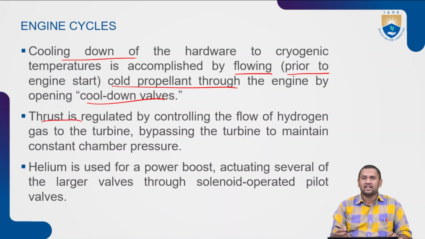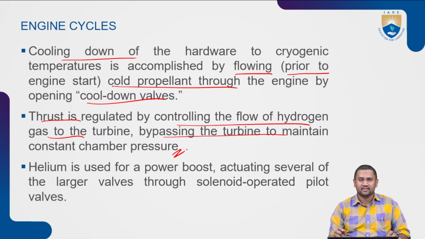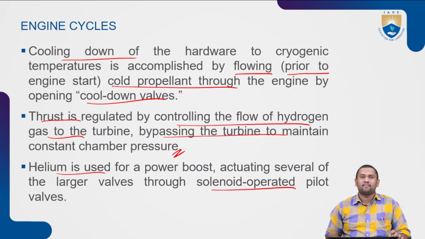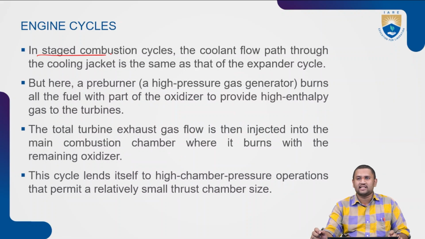Now thrust is regulated by controlling the flow of hydrogen to the gas turbine and bypassing the turbine to maintain a constant chamber pressure. And helium is used as a power boost, activating several larger valves that are operated through solenoid operated pilot valves. Whereas in staged combustion cycles, what happens?